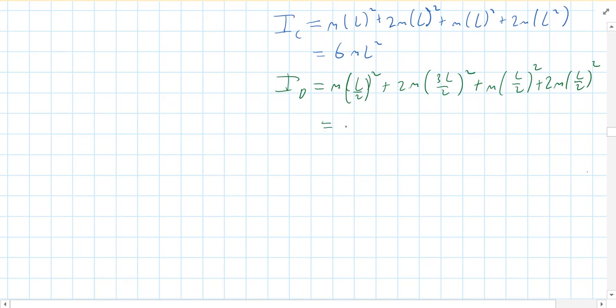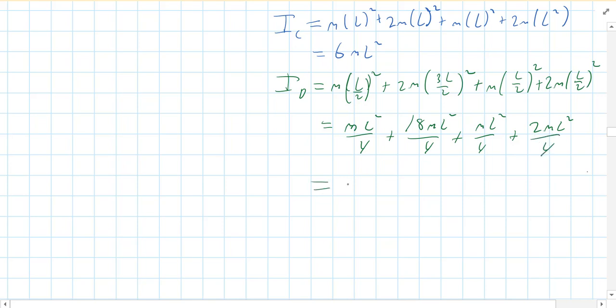So here we get mL squared over 4. Here we get a 9, that'd be 18mL squared over 4. We have another single mL squared over 4, and then this becomes 2mL squared over 4.